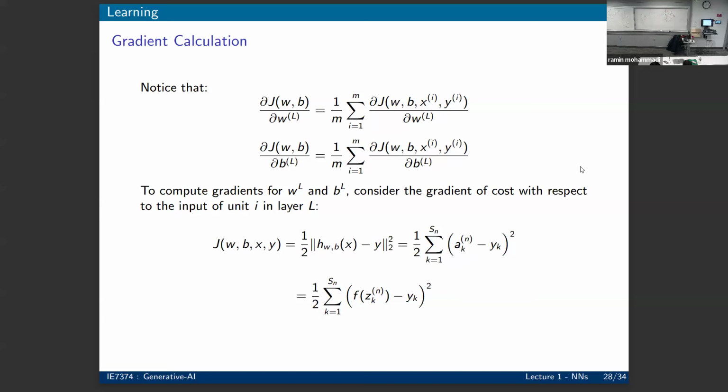And what's HWX, which is the output of the node? The output of the node is always an activation over the raw input to the node, right? So the output of this node, this line, is an activation over the raw input to this node.